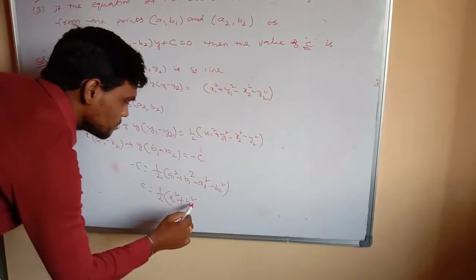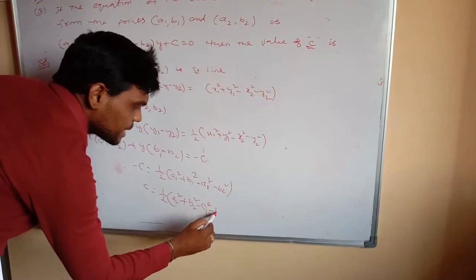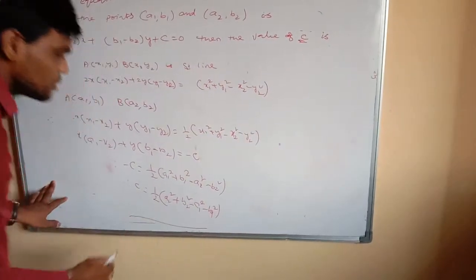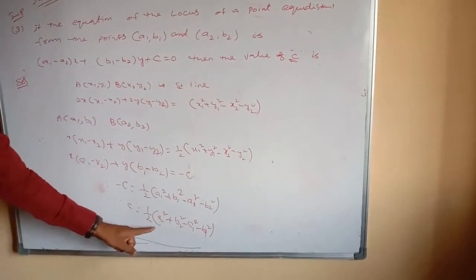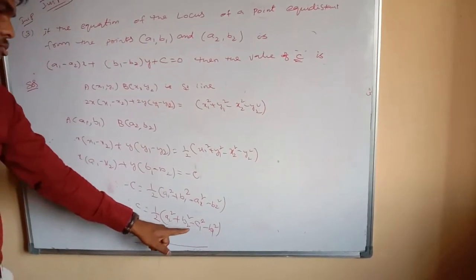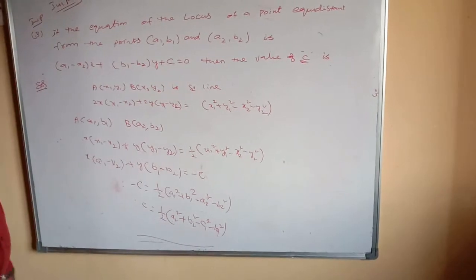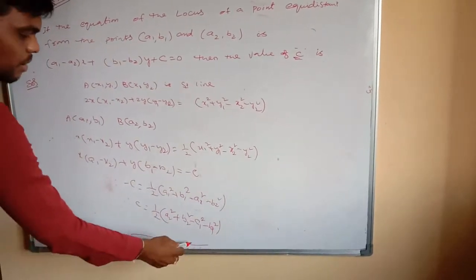This is the value of c: c is 1 by 2 into (a2 square plus b2 square minus a1 square minus b1 square). Here is the answer.